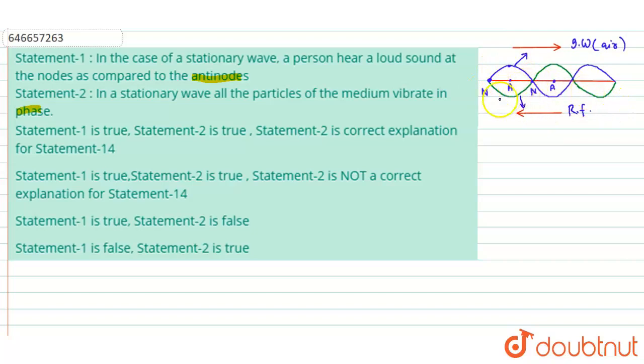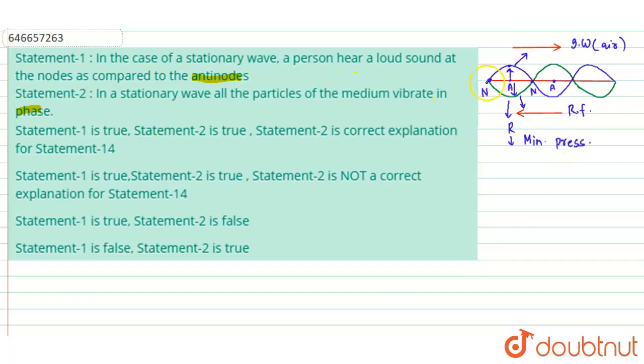Now let us see what will happen. You can see that if this is air, then the displacement of particles is maximum at the antinode. So when the air molecules are far apart, we call this point rarefaction, and rarefaction means minimum pressure or less pressure. So this is a point of minimum pressure.